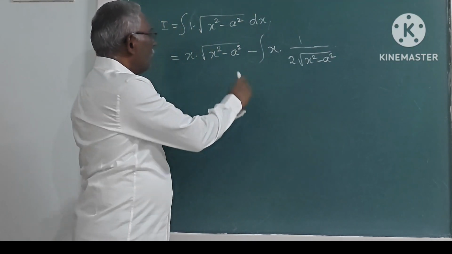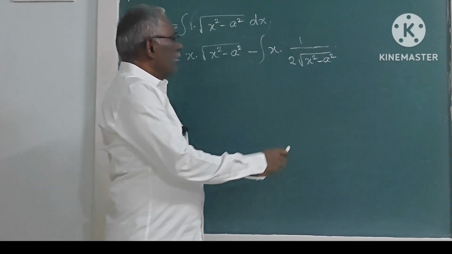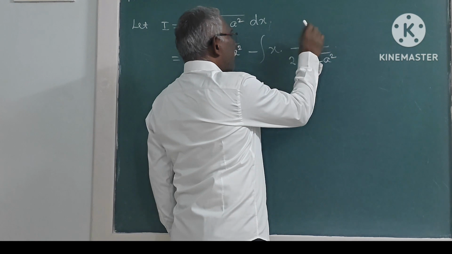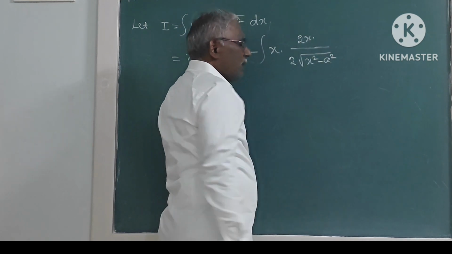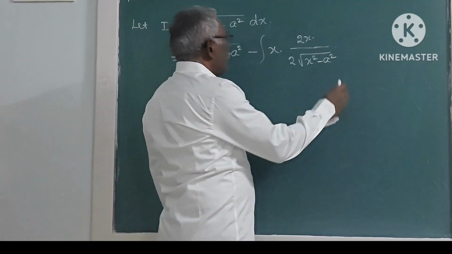But this is not x. So that means we have to differentiate this further. If we differentiate x square minus a square, what will come? 2x minus, if we differentiate a square, a is a constant, if we differentiate 0 will come, into dx.